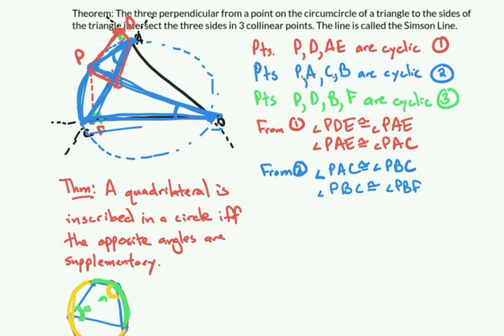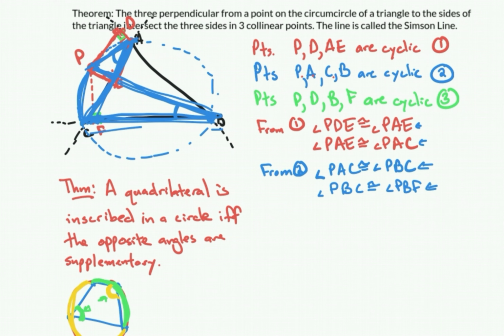Okay. That's just from the fact that that's a different point on the same thing. Same thing with PAE and PAC, that's just extending the side. This comes from they subtend the same arc. This comes from, we're just renaming it essentially. Here we're essentially just renaming it with a different point on the same line.